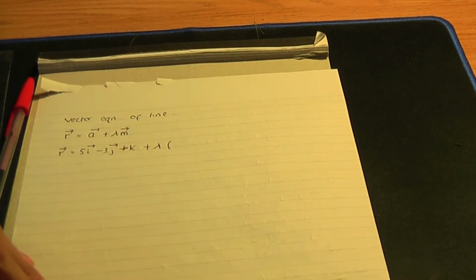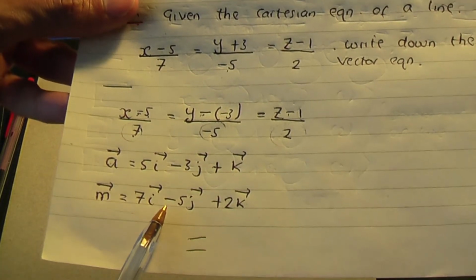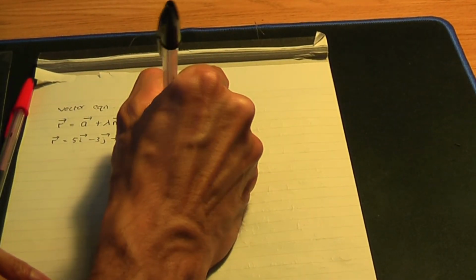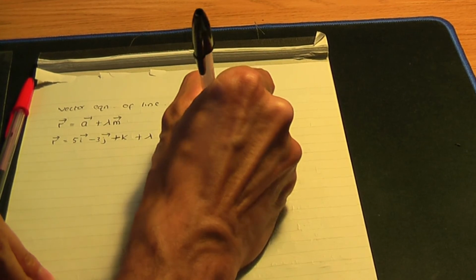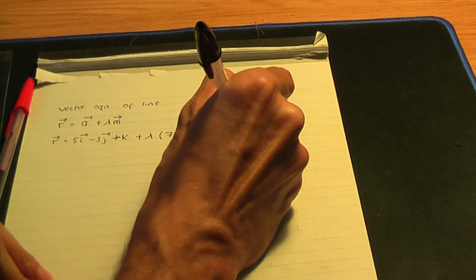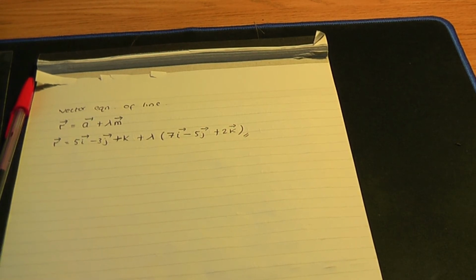So 5i minus 3j plus k plus lambda into the direction vector M is 7i minus 5j plus 2k. Okay, so 7i minus 5j plus 2k. And that is the vector equation of the line.